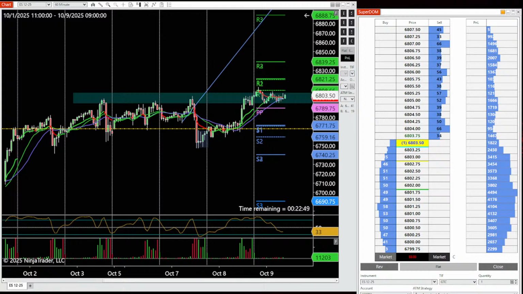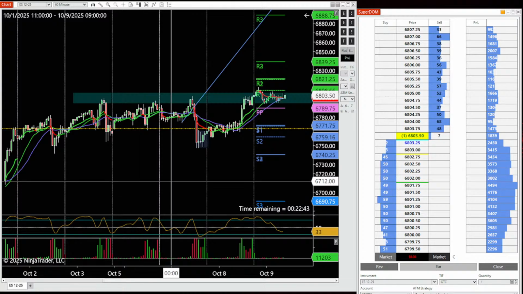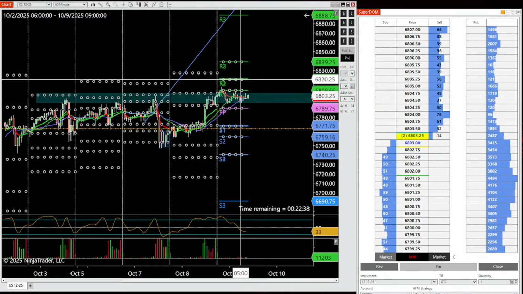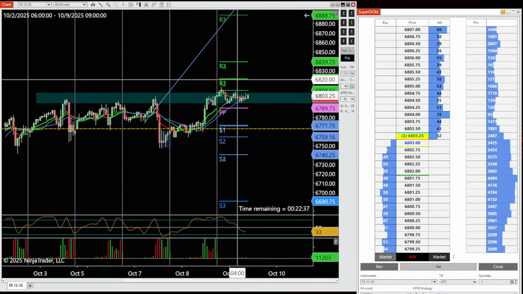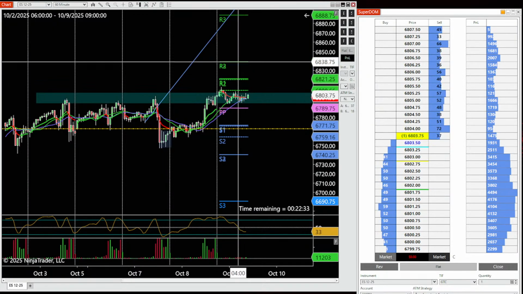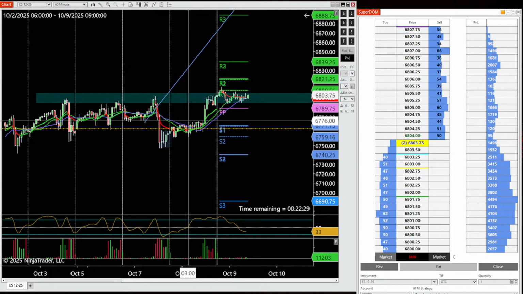So for the people that are just joining and don't know what my charts look like, on here I have the pivots. The dash line is the Fibonacci pivot, and the solid line is just the basic standard pivot.